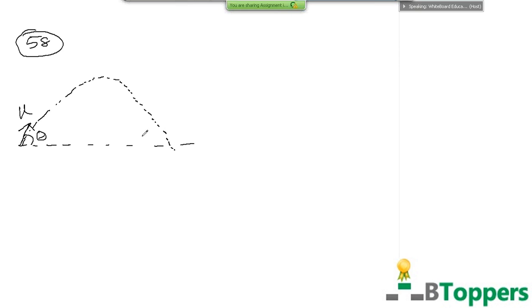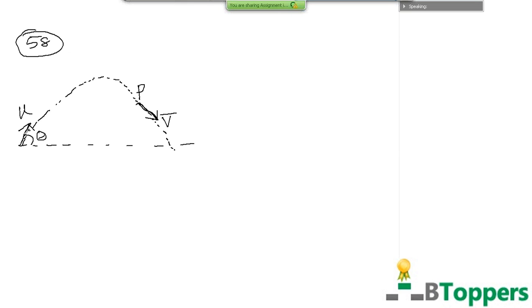So therefore, it moves in a parabolic path. You're asked to find the magnitude of the velocity of the projectile, or speed of the projectile, at the particular instant when its velocity is perpendicular to the initial velocity of projection.